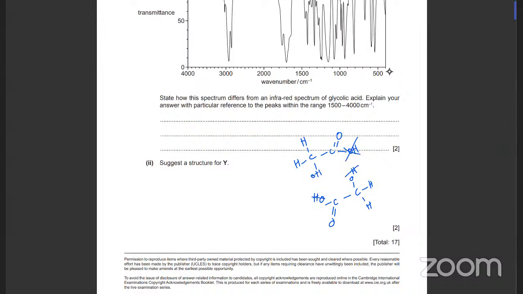The carboxylic acid OH is gone, the H is gone, and they would end up forming an ester. You don't even need the infrared spectroscopy for this. You can just guess. That's the only reaction you know of. So they would end up forming an ester, and I think there's going to be one O left over here as well, the water molecule.